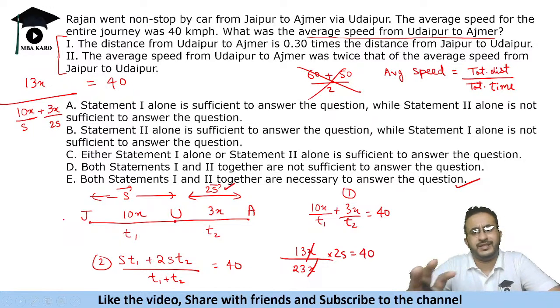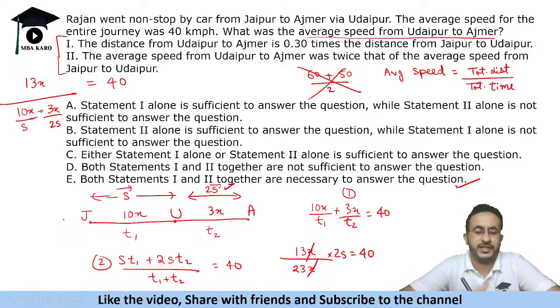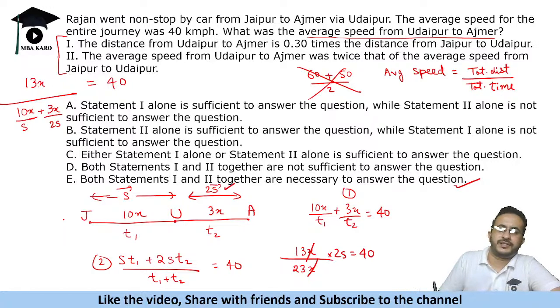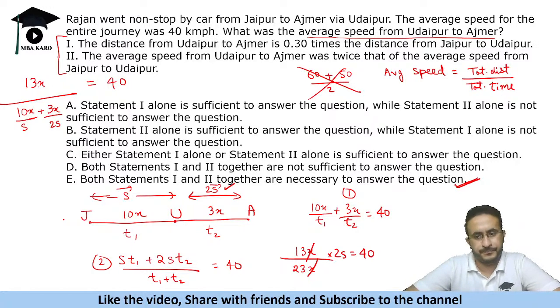So the last thing that you can do is make equations. ठीक है, solve नहीं भी करोगे, just make equations. So when we see this equation, we know that x cancel out हो जाएगा, s की value आ जाएगी. So we can find the average speed from Udaipur to Ajmer. Okay, so if you combine both the statements, that is sufficient to answer the question.